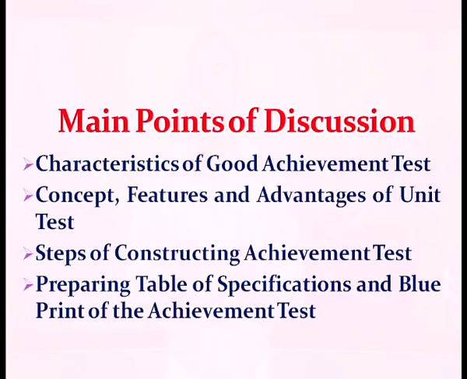Then, in the last part, as a part of the construction of an achievement test, how a table of specification or blueprint of an achievement test is prepared, we will deliberate on that. So the main framework of today's discussion will remain on these main points.